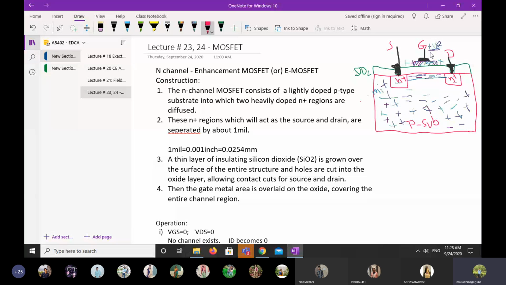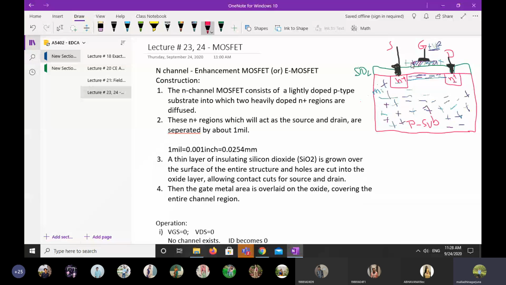If we increase the Vgs from 0, it means you are applying a positive voltage. If you are applying the positive voltage, automatically it will attract the minority charge carriers from the substrate, and it will apply the inversion, so opposite polarity on the opposite places.